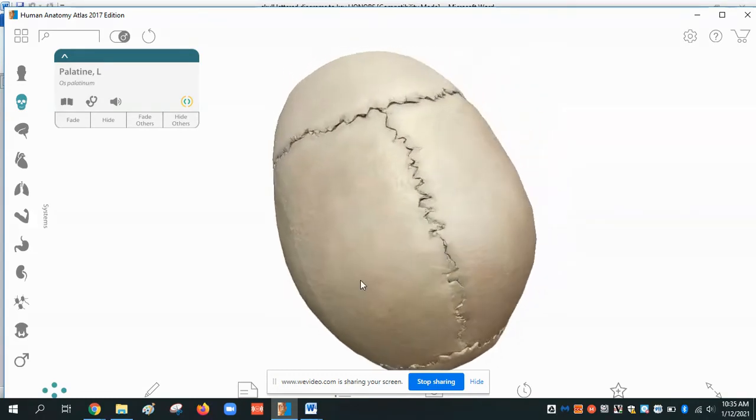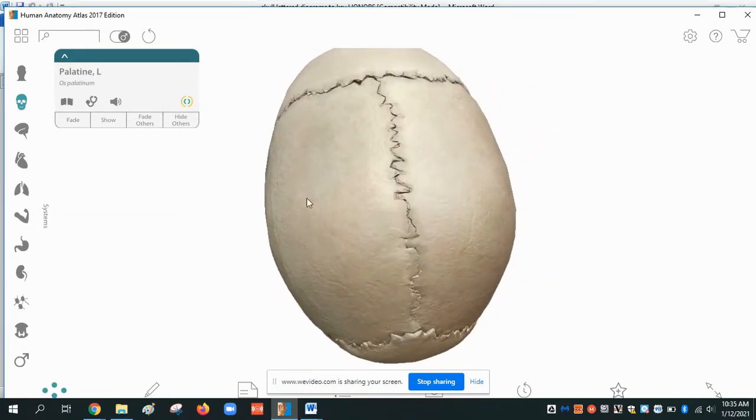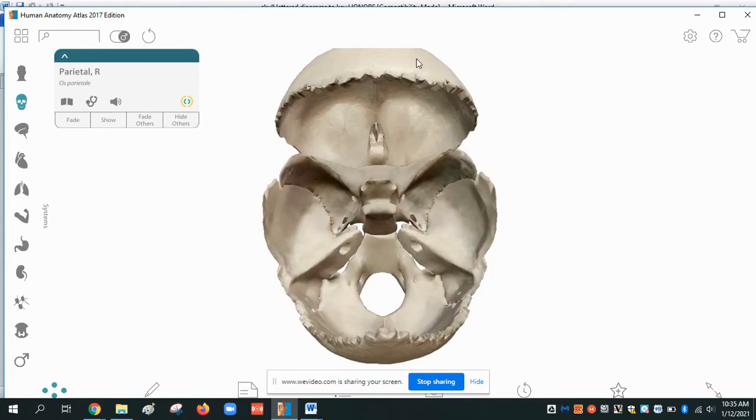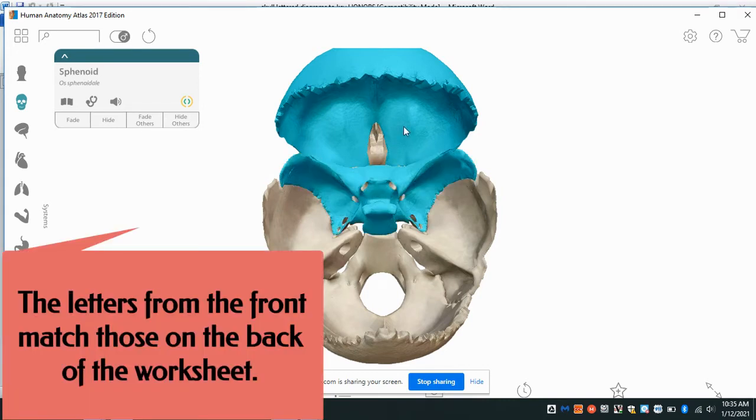So I can mimic it somewhat if I hide both parietal bones. We still get a little bit of frontal here and occipital here, but that's similar. So frontal bone, all of that's ethmoid. It won't highlight at once. Sphenoid, temporal, occipital. That's pretty much all you get on this view.